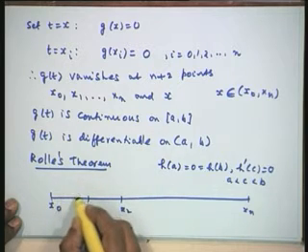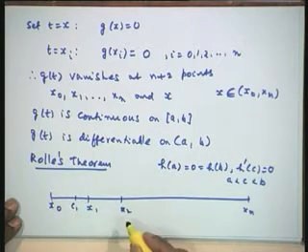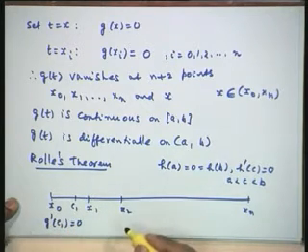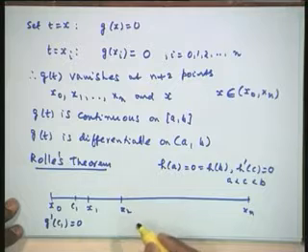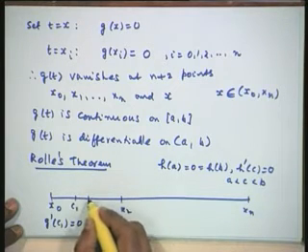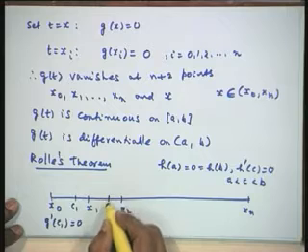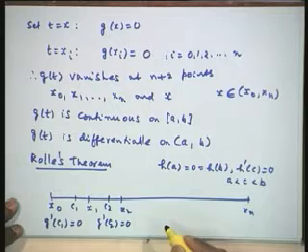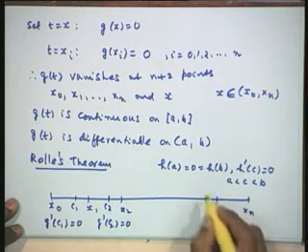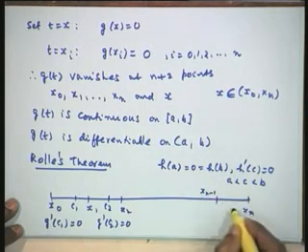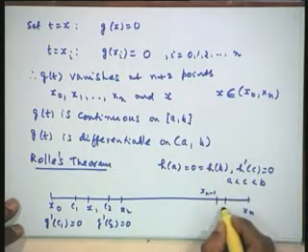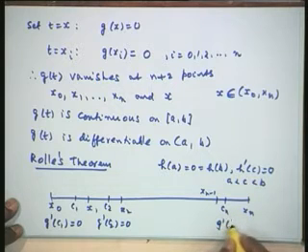Therefore there exists a point c_1 at which g'(c_1) is equal to 0. Between x_1 and x_2, g(x_1) is 0, g(x_2) is 0, therefore again there exists a point c_2 at which g'(c_2) is equal to 0. If I go to the last interval, g at x_(n-1) is 0, g at x_n is 0, therefore there exists a point c_n at which g'(c_n) is equal to 0.